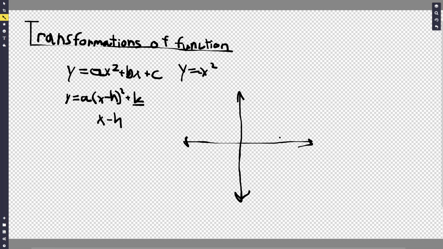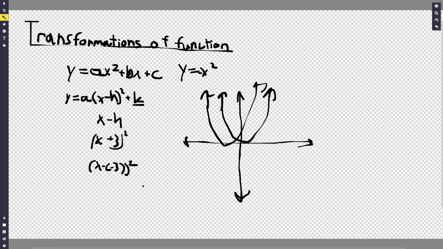If we were to move it 3 to the left, or negative 3, we would write it as x plus 3 squared. And it's easier to think about it as x minus negative 3, so that you know that you're moving it negative 3 units.